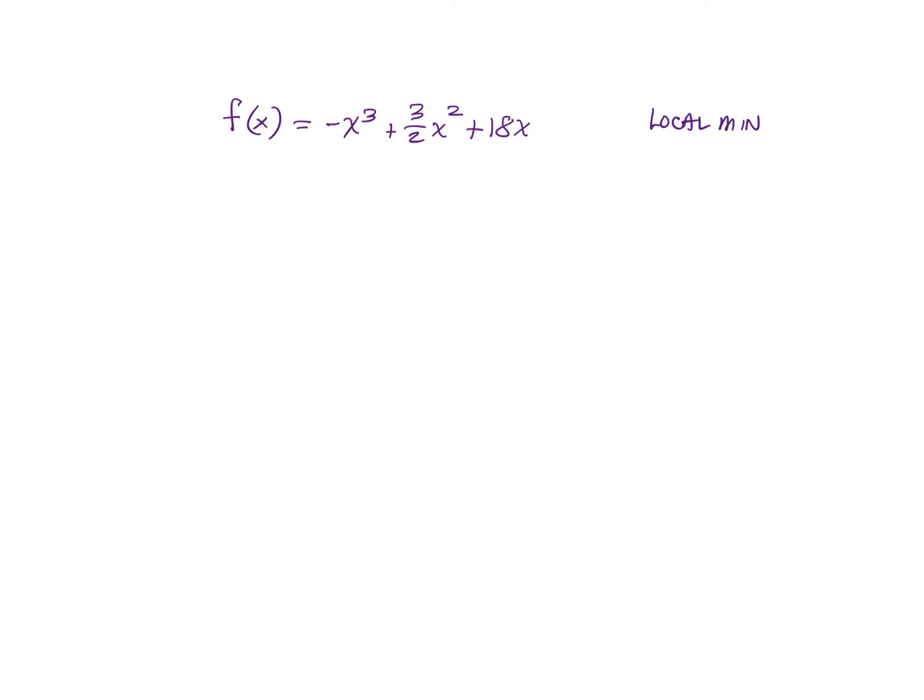We did this with the first derivative test. We found a local min at -2, -22. And then we found we had a local max at 3, 40.5. So I just want to identify those points using the second derivative test.